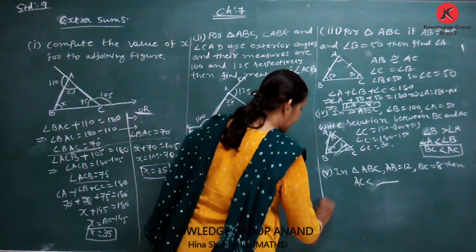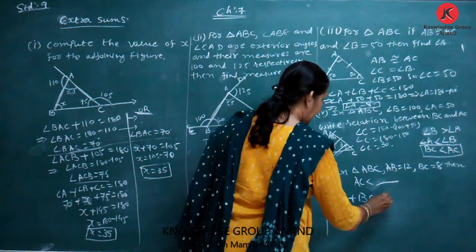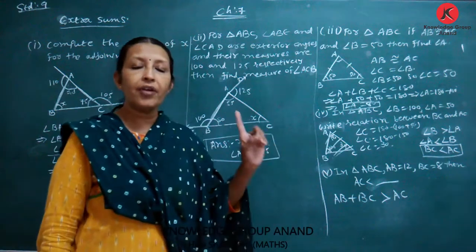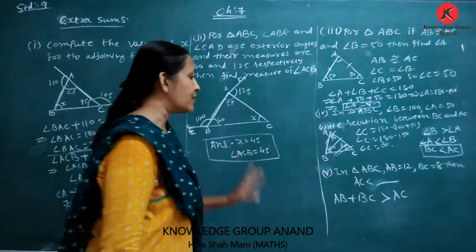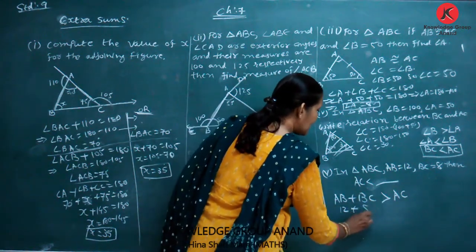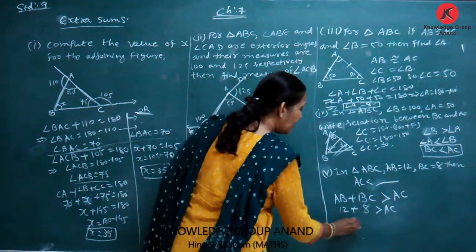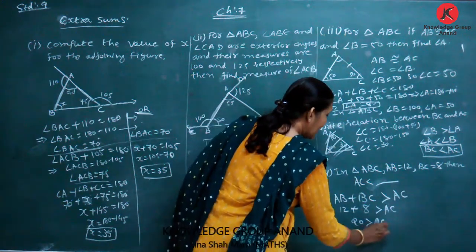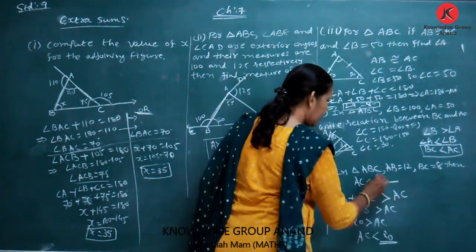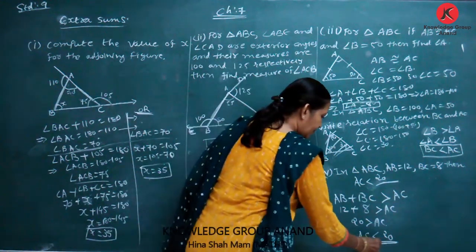The sum of two sides, AB plus BC, is greater than AC. AB is 12 plus BC is 8, which is greater than AC. The sum is 20, so 20 is greater than AC. That means AC is less than 20. In the fill in the blank we write AC less than 20.